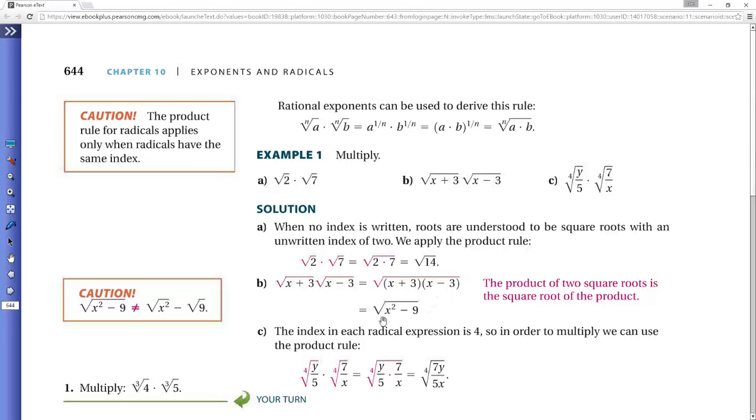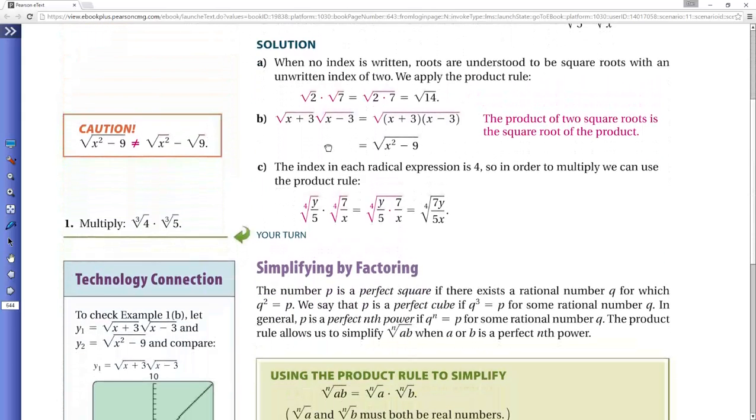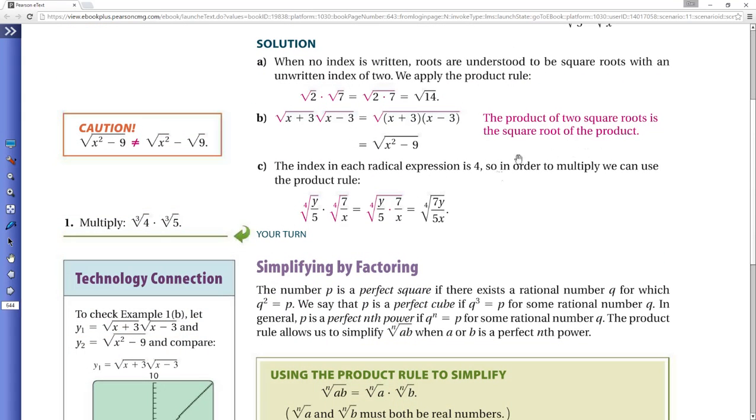So we could just put it as the square root of x squared minus 9. And they note this, the product of two square roots is the square root of the product. That's basically the rule that we went through. And this works with fourth roots here and so on, and with fractions, that this is just a multiplication, and we can end up with some things here.